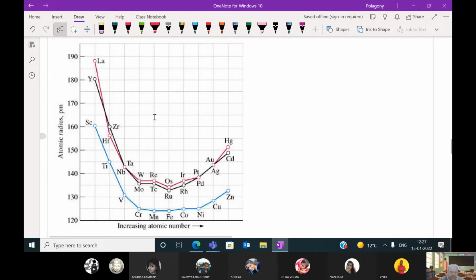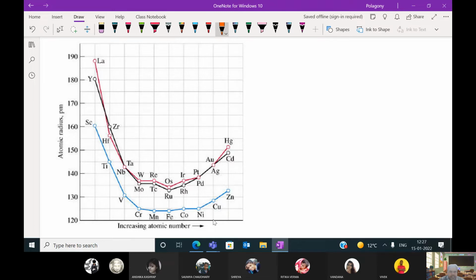Now here, three series of transition elements are there. One is the 3D series, and the 4D series and 5D series of elements.